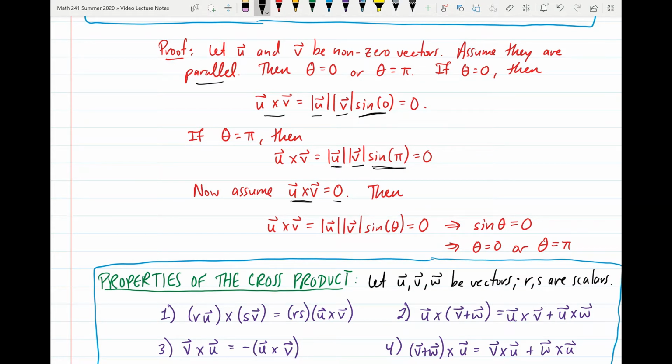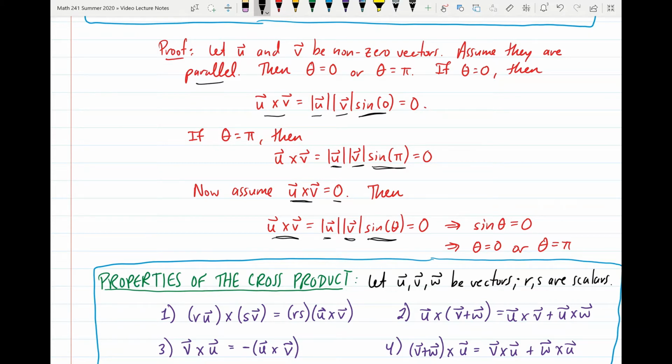And now for the reverse direction, assume that u cross v is equal to 0. Then by definition, the magnitude of u cross v is equal to the length of u times the length of v times sine of theta, where theta is the angle between u and v. And we assumed that u and v are non-zero, which means that the length of u and the length of v are also non-zero. And this implies that sine of theta has to equal 0.